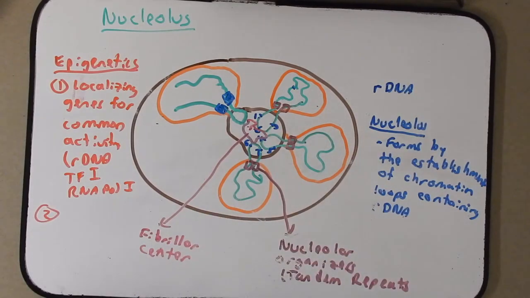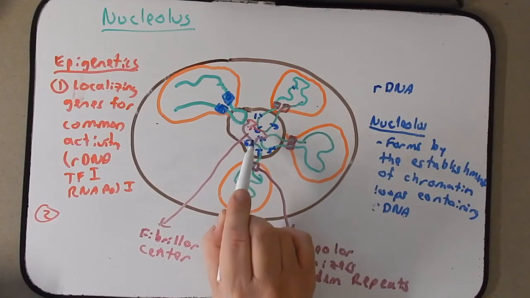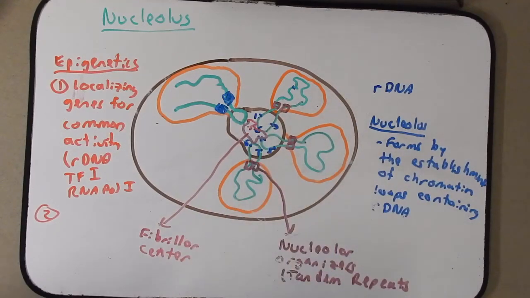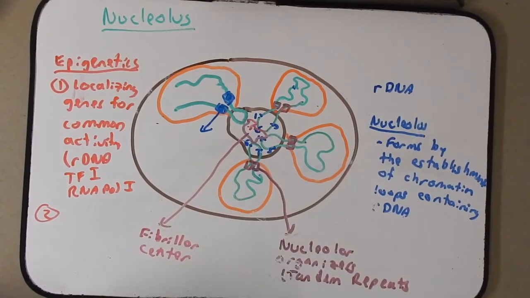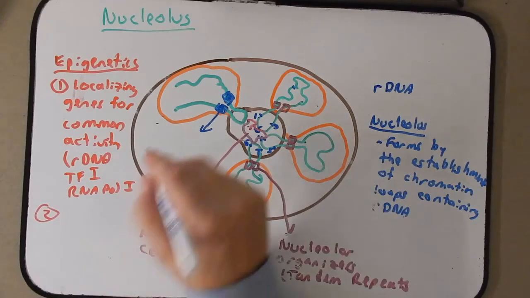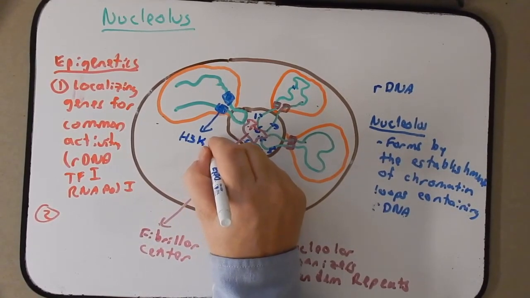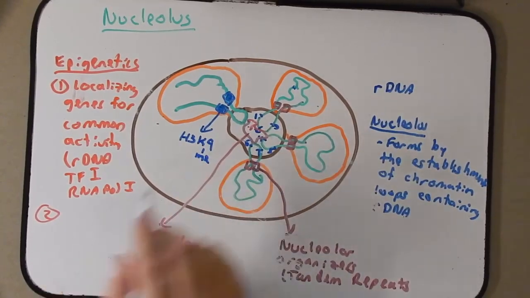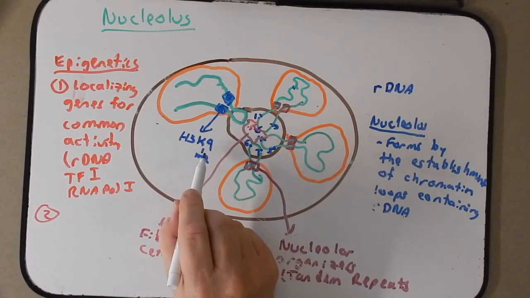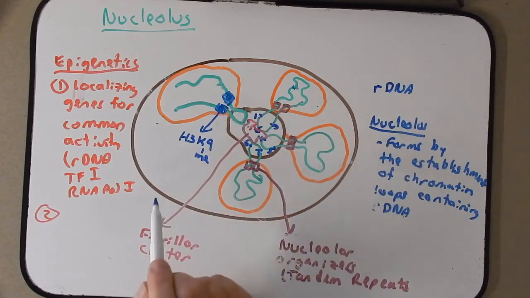It's so effective that dyes that stain DNA can't even get inside of the nucleolus to stain these loops of DNA. We know that here, in these regions of heterochromatin, that our good friend from before, H3K9, is methylated. Remember, H3K9 is the site when it's methylated, it turns off gene activity and forms heterochromatin.